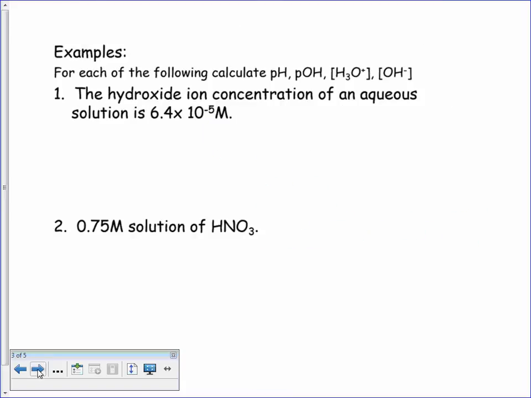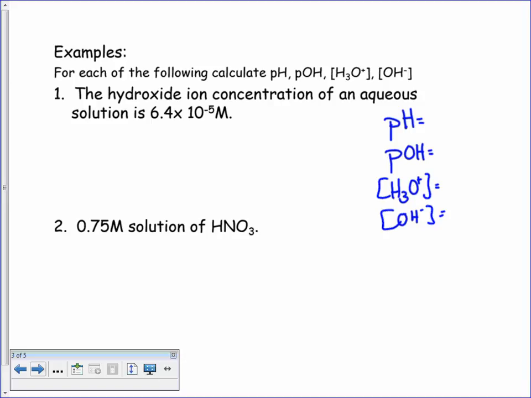It says for each of the following, we're going to calculate pH, pOH, hydronium, and hydroxide. Now, you don't always have to calculate all of those things, but in this case, I want you to have the practice of doing it all. The first question you need to ask yourself is, what do I have? Do I have an acid or a base?